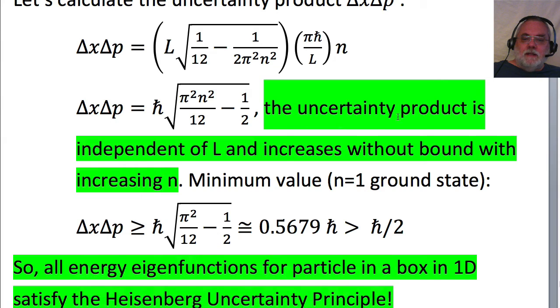The uncertainty product is independent of L. It increases without bound with increasing n. The minimum value is for the ground state, n equals 1, and when we plug that in, we get this value, 0.5679 h bar, and that is greater than h bar over 2. So all of the energy eigenfunctions for particle in a box in one dimension satisfy the Heisenberg uncertainty principle.